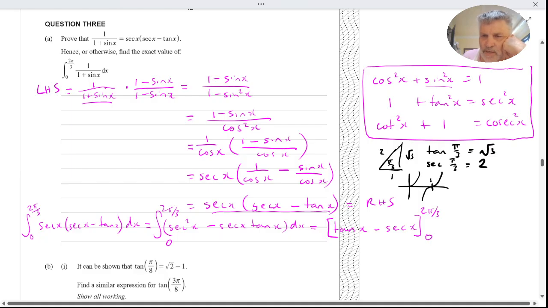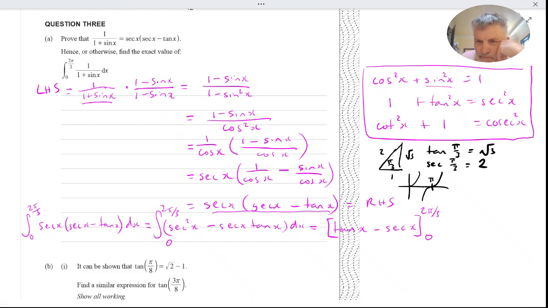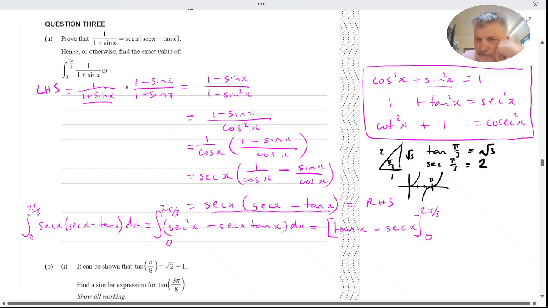This is pi here. So 2 pi over 3 is going to be a value back. If this is pi over 3 here, 2 pi over 3 is a value back from this, so it's going to have the negative value of this. So tan 2 pi over 3 is going to be negative root 3.